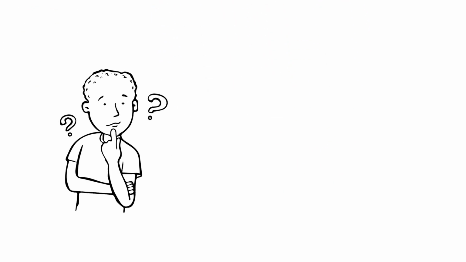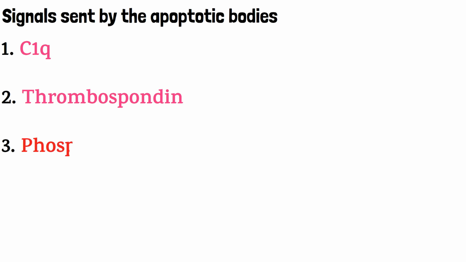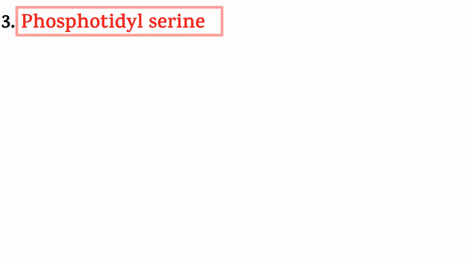You may wonder what kind of signal these apoptotic bodies send. These signals consist of something called C1q, thrombospondin, and phosphatidylserine. As you can see, I have highlighted the phosphatidylserine in red because it plays the major role in these signals.